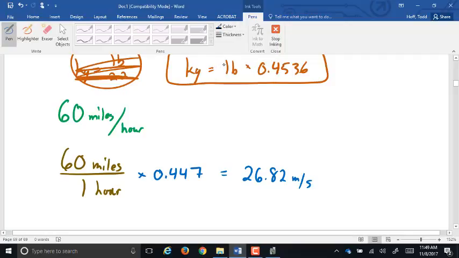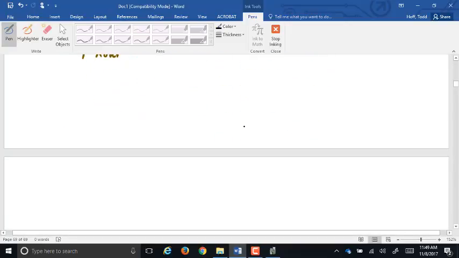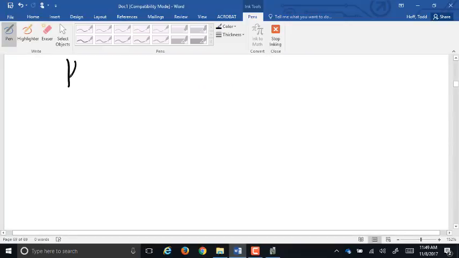Okay, so what I want you to do, they're looking at problem number 7 here, part A. They want you to compare the kinetic energy in joules. Remember that kinetic energy is 0.5 times the mass times the velocity squared.